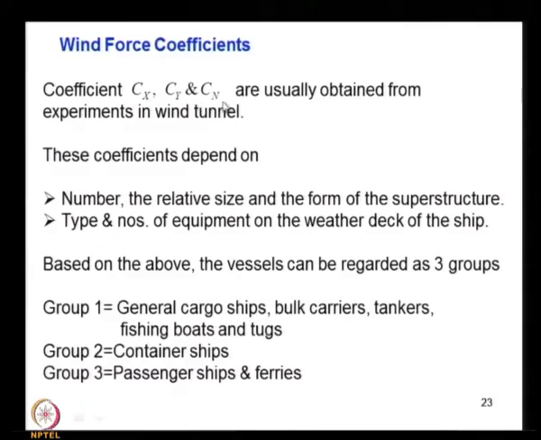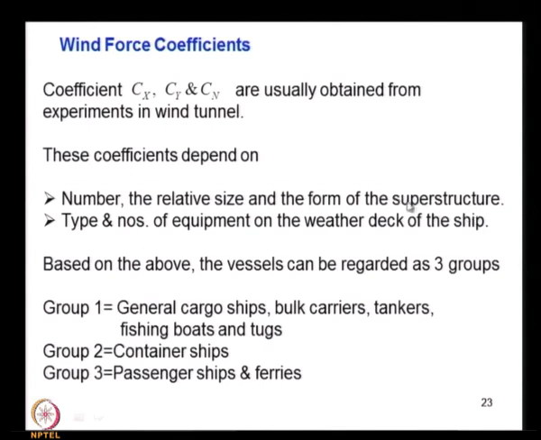These coefficients C x, C y and C n are usually obtained from experiments in a wind tunnel, or if you have a wind tunnel facility, you can perform the test and get the coefficients. These coefficients depend on the number of structures, the relative size and form of the superstructure.